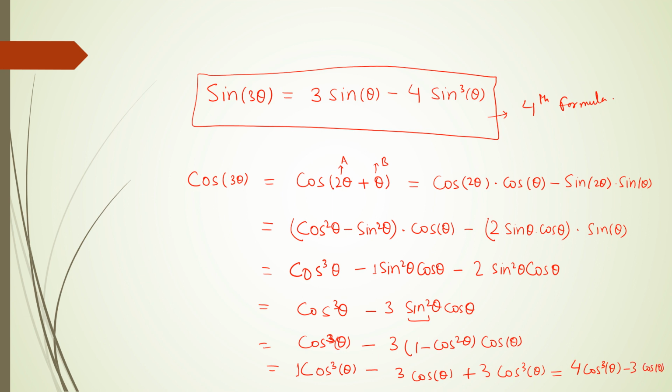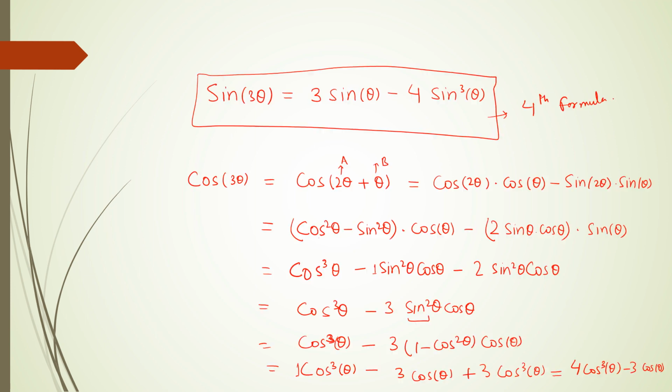So what we got as the formula here is cos of 3 theta is equal to 4 cos cube theta minus 3 cos theta.